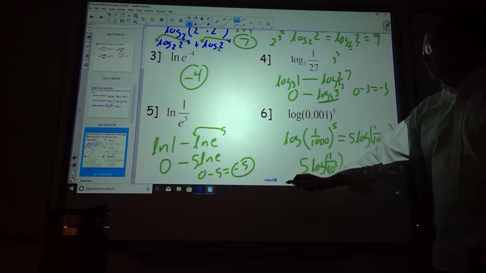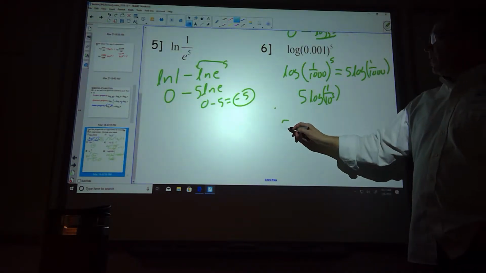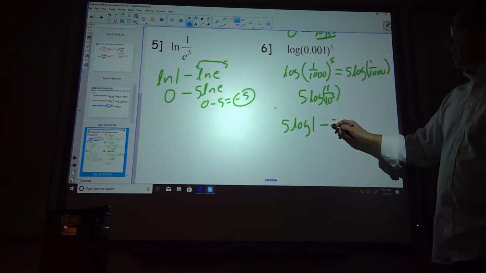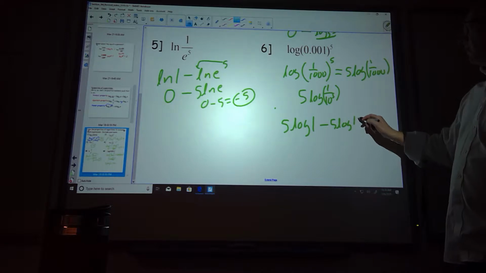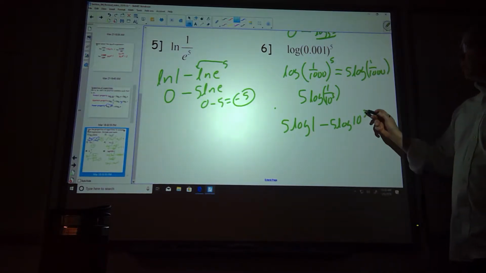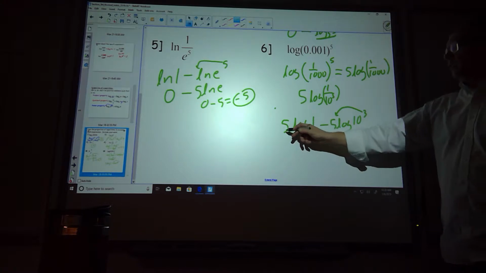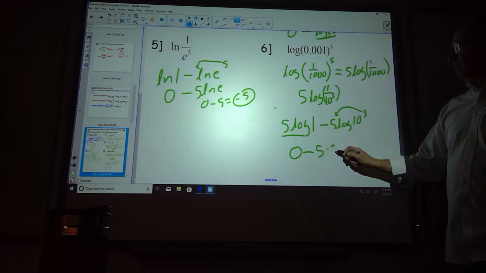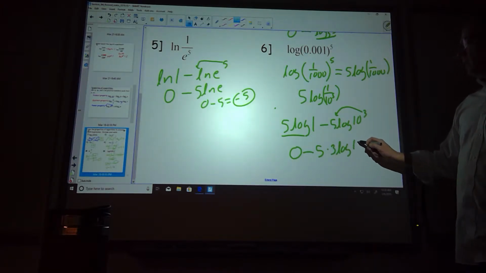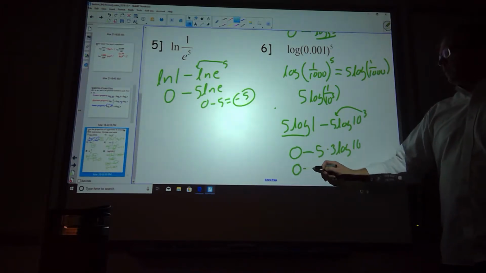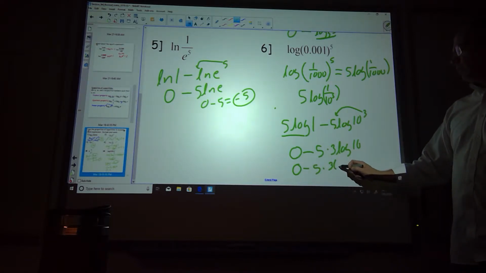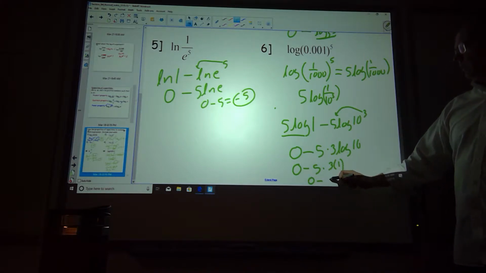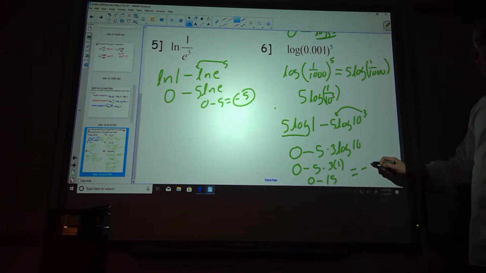Then if I expand this a little bit, I'm going to get 5 log 1 minus 5 log 10 to the 3rd. This exponent comes down front, gets multiplied with that. So this right here just gives me an answer of 0 minus 5 times 3 log 10. Log 10 is 1. And then do the multiplication: 0 minus 15. So negative 15 is my answer.